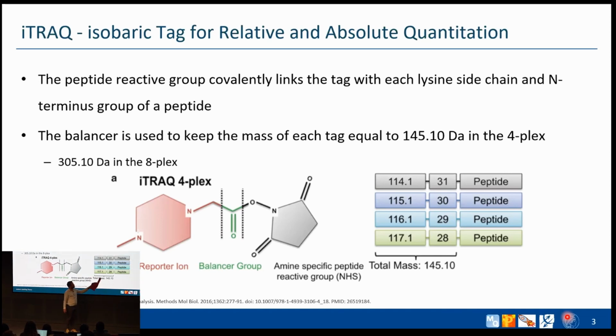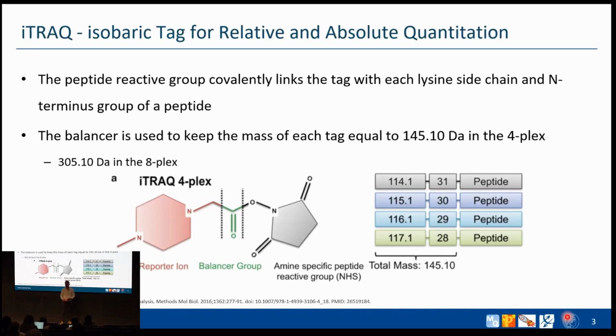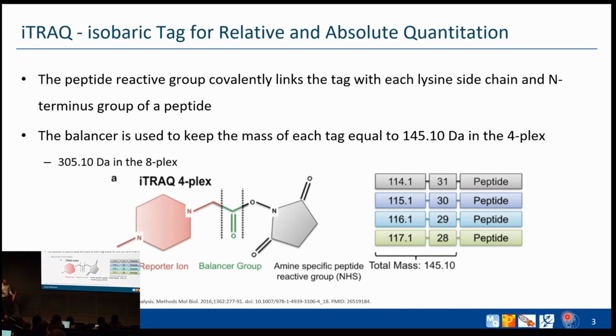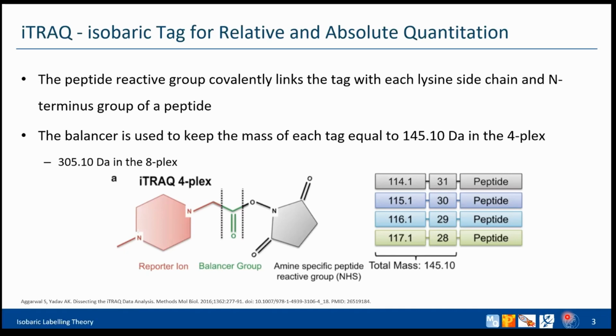Here we see a 4-plex, and they all have the same mass of 145.1. But there is a difference because the reporter ions have different masses, and the balancer groups too, and just the sum is the same. This allows us to do multiplexing with 4 different tags, but there is also an 8-plex.